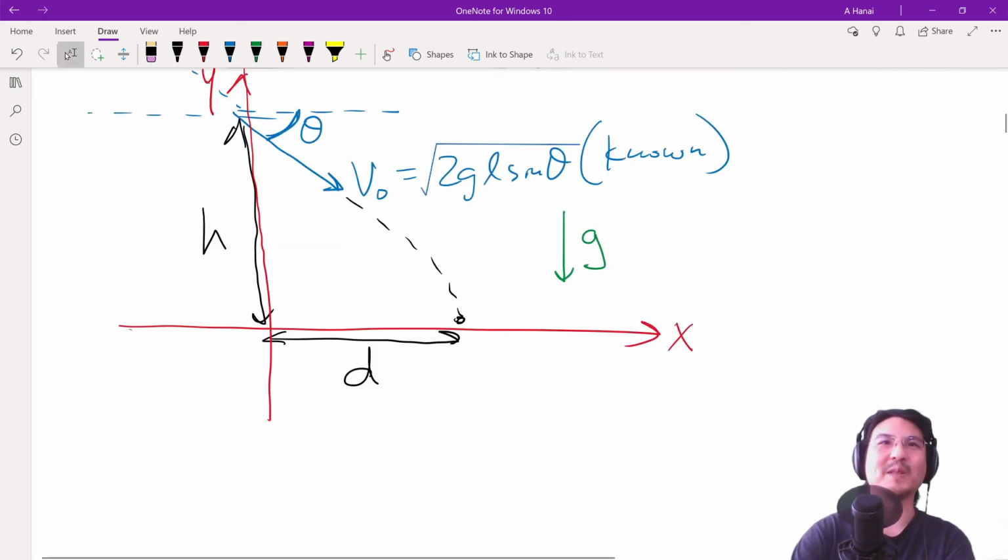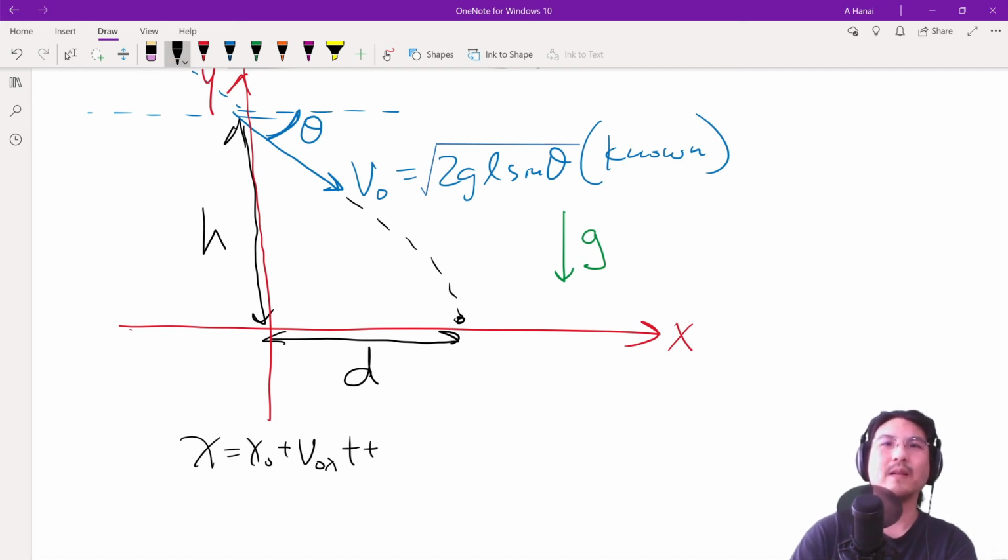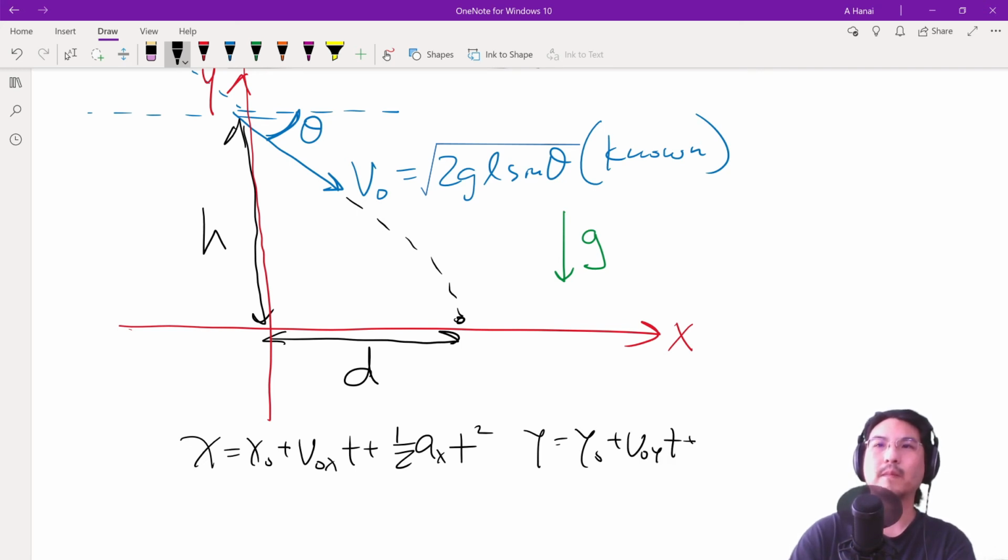All the formulas in the world that you know, this is projectile motion. In this case, x is where it lands, so it lands at point D. It starts here, so x0 is 0.